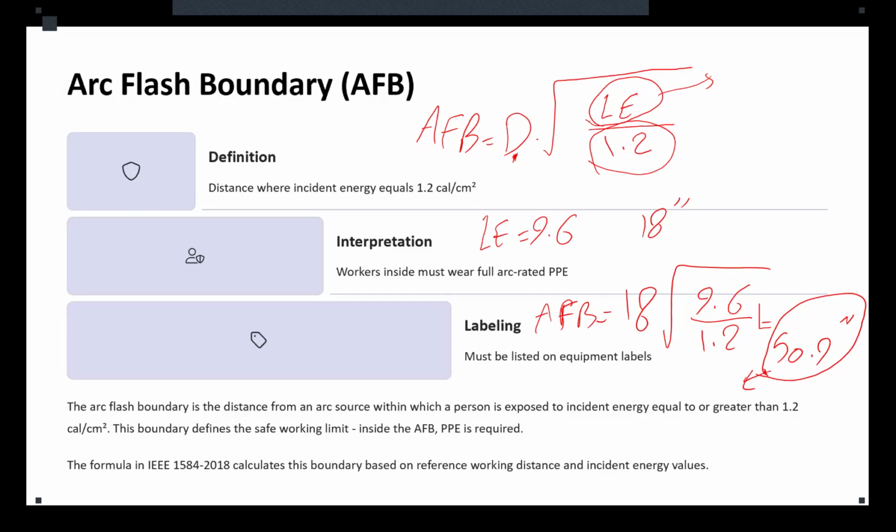Now, AFB is not just a number that you mention on a label. It is a critical quantity when you want to plan a job or design a facility. If the task brings workers inside the AFB, they have to wear flame resistant clothing, arc rated gloves, a face shield, hearing protection, and safety glasses.